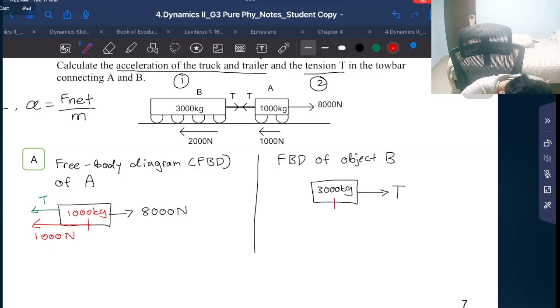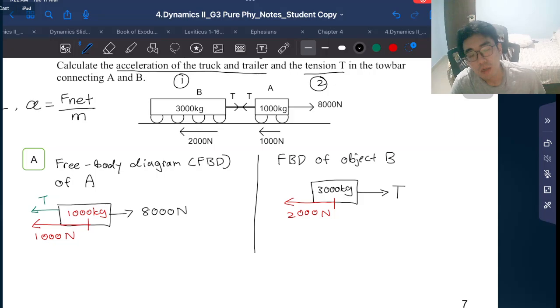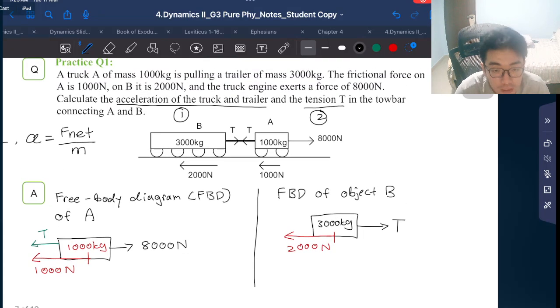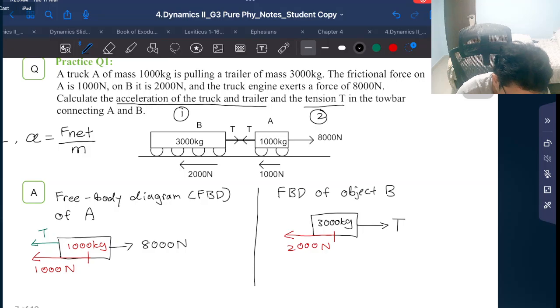I color code it so that you can see the different forces better. Now, is there a resultant force? Definitely, there is a resultant force, which is why they ask you to find the acceleration.